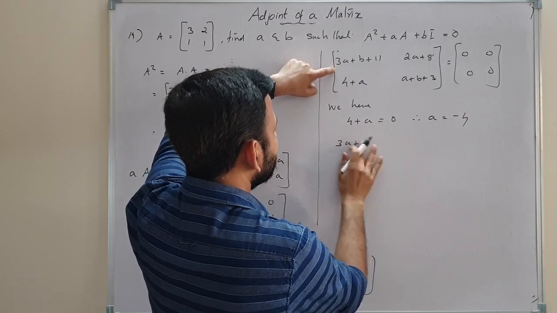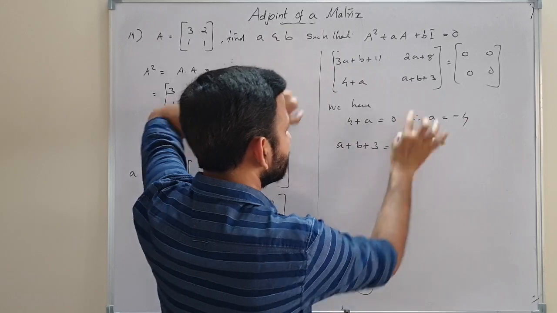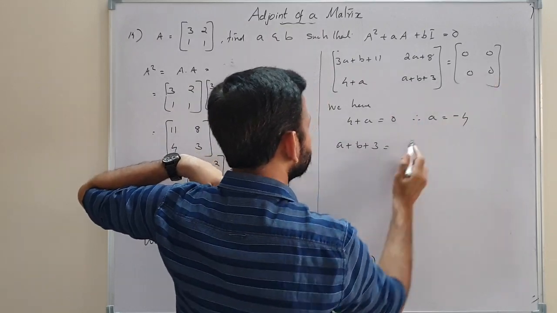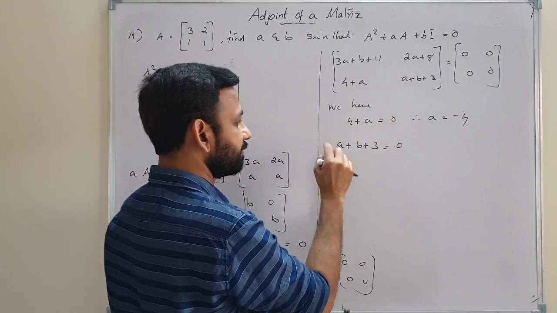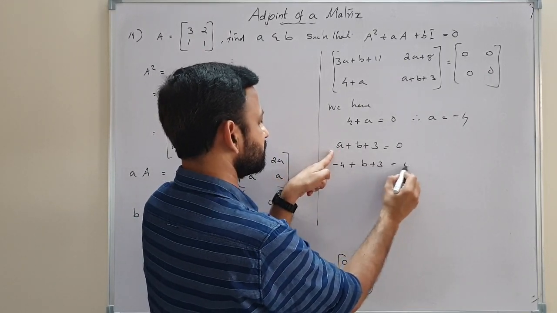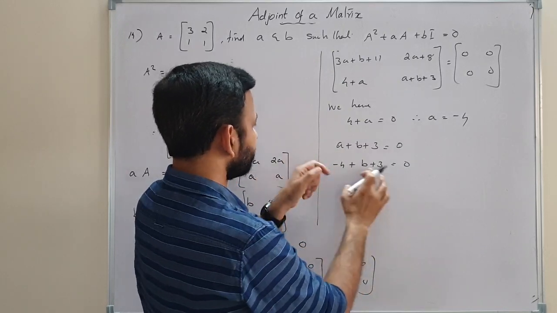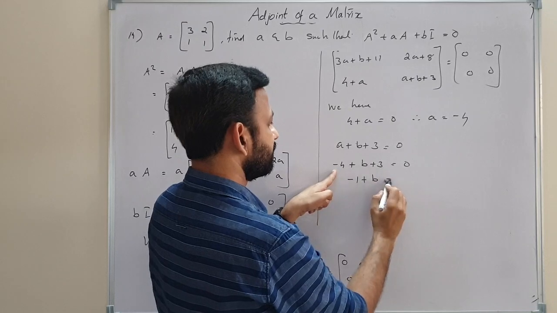Then we can take A plus B plus 3 equal to 0. Now we got the value of A, minus 4, we can replace here, that is minus 4 plus B plus 3 equal to 0. So minus 4 plus 3, that is minus 1 plus B equal to 0.